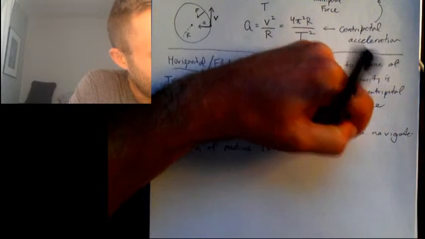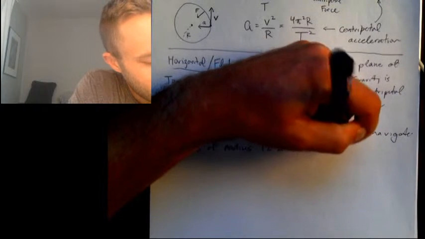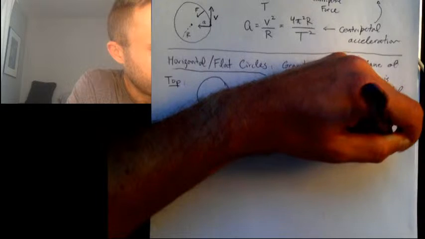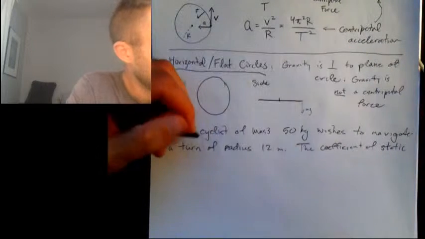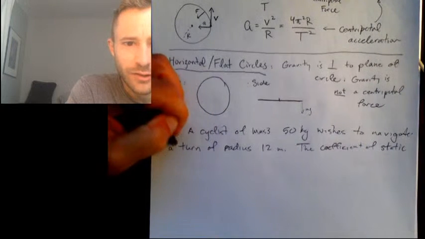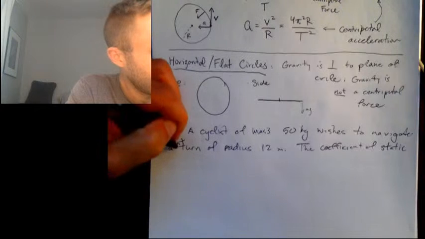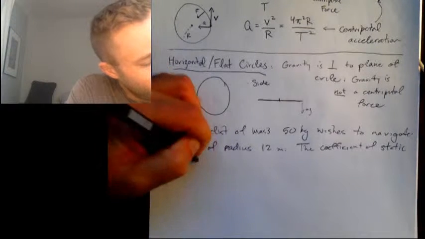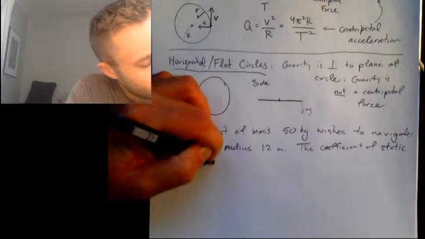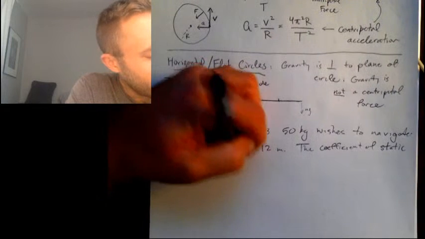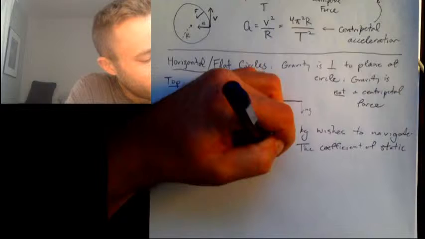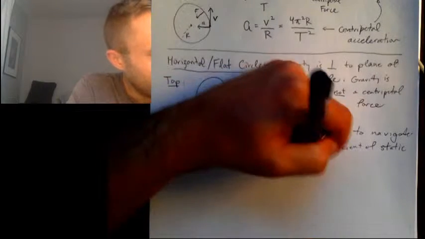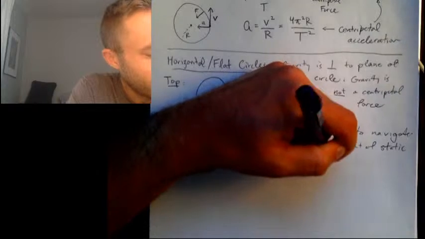So I'm going to say the coefficient of static friction, and I should say this is a flat turn, by the way, between the tire and the road is 0.75.